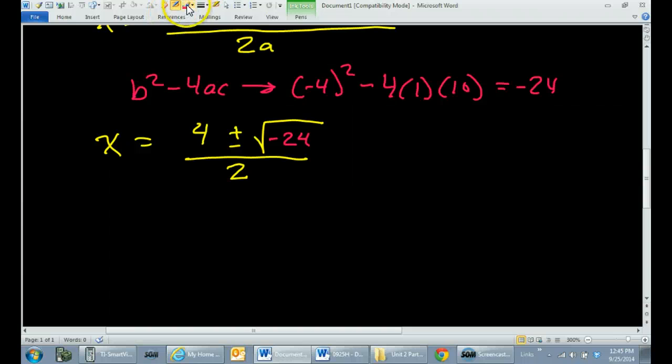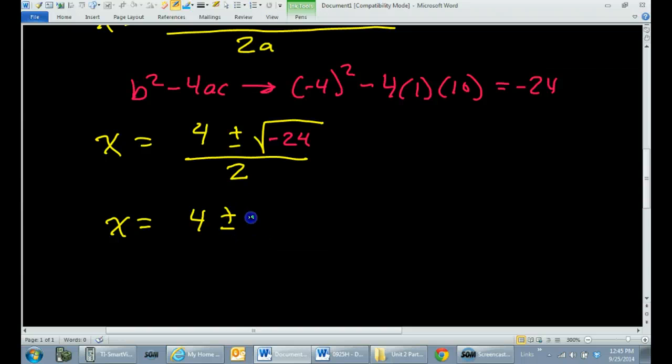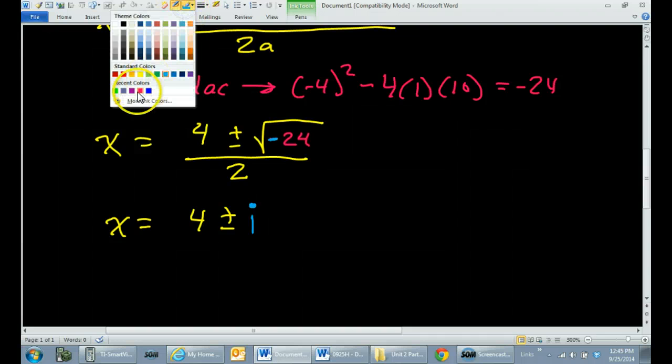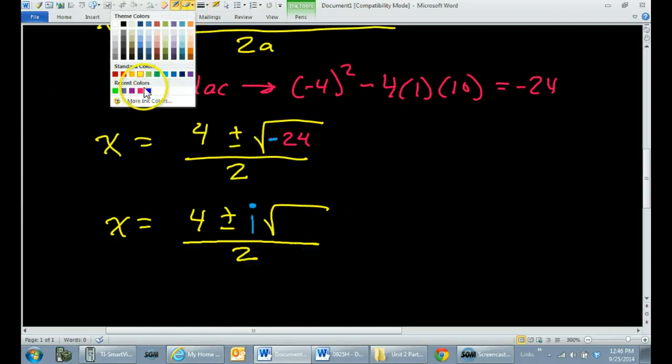Okay, the way I handle that is you've got x equals 4 plus or minus. As soon as I see that there's a negative under the radical, I'm going to put that in the front as i. Okay, that negative becomes this i right here. And for now, I've still got my square root, still got my 2, and I've still got my 24.